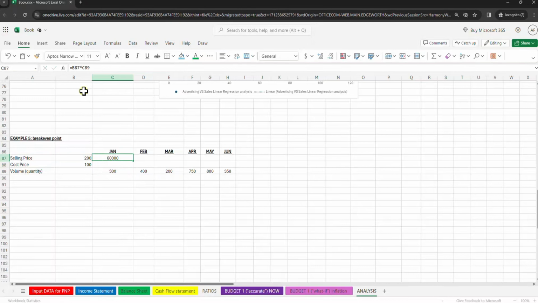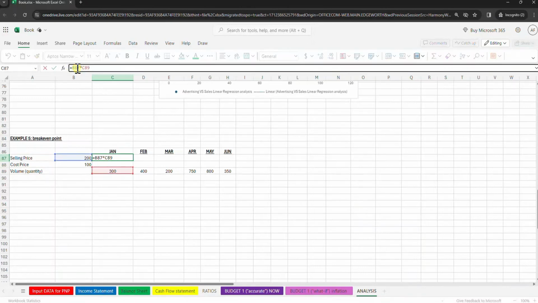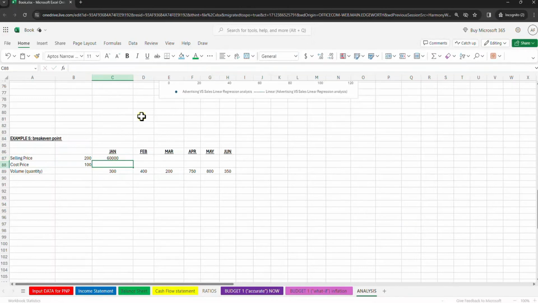Oh, I need to fix this one. Fix that cell. Paste, paste, paste. Okay, remember we're using Excel to do these workings, to show the examiner we can use the tools in the application.